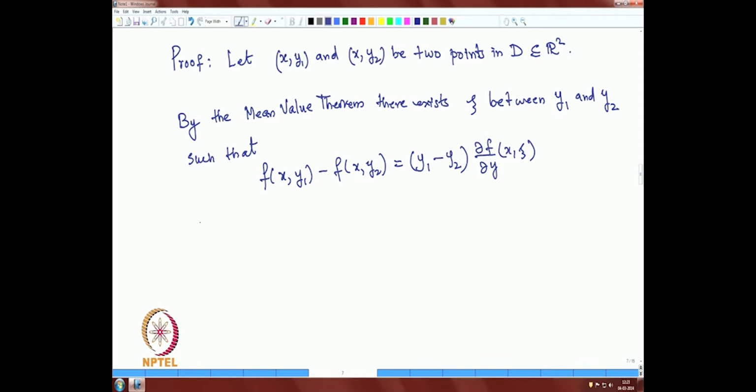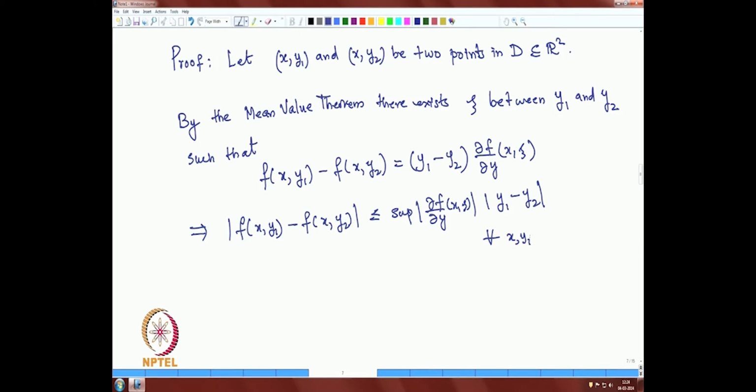Now, taking the absolute value, this implies the absolute value of f(x, y1) minus f(x, y2) is less than or equal to the supremum of del f by del y at (x, psi) times the absolute value of y1 minus y2, for all (x, y1) and (x, y2) inside D. And by hypothesis, this supremum is bounded by alpha.